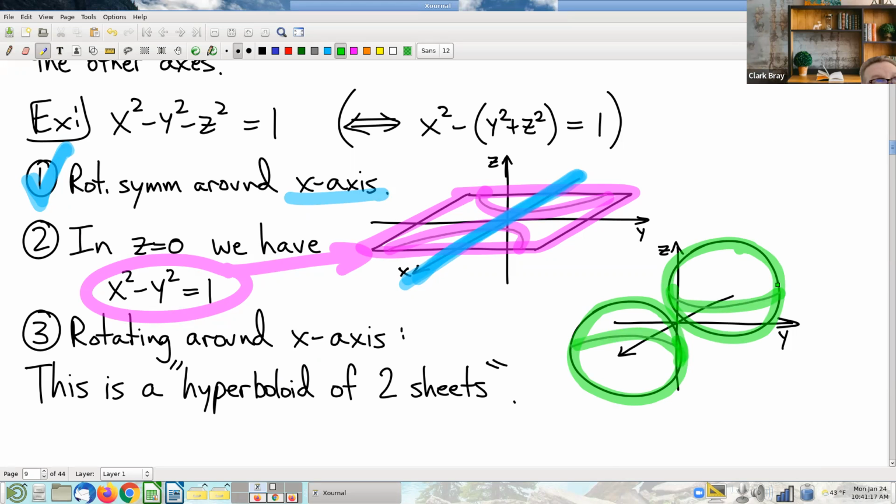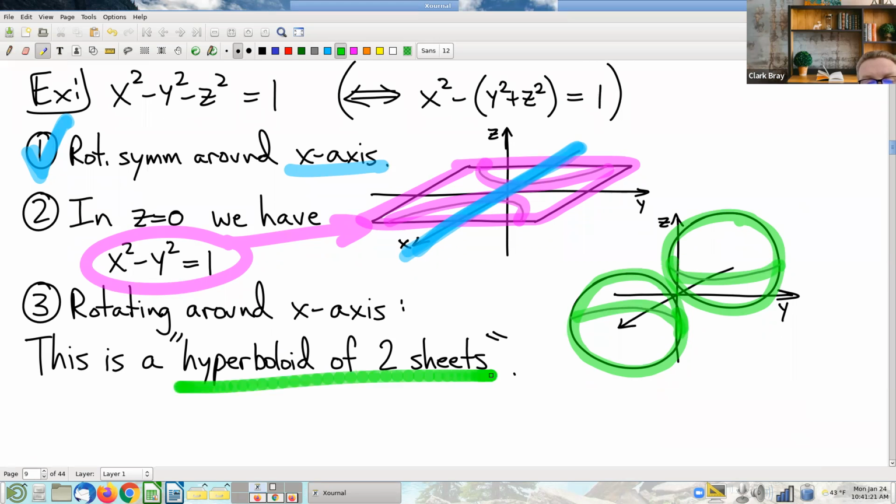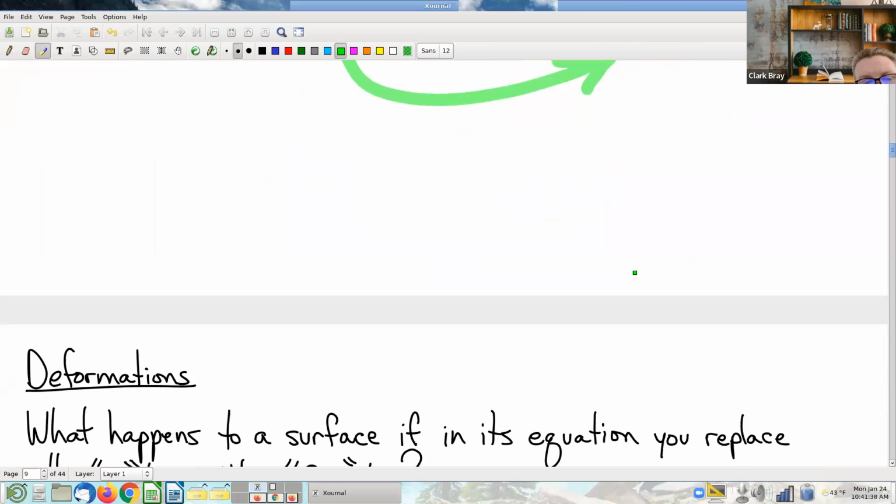This is what I call the staring contest. But the mathematical name is a hyperboloid of two sheets. So it's still a rotation of a hyperbola, just around a different axis, and so we get a different shape. Everybody happy? All righty, good deal.